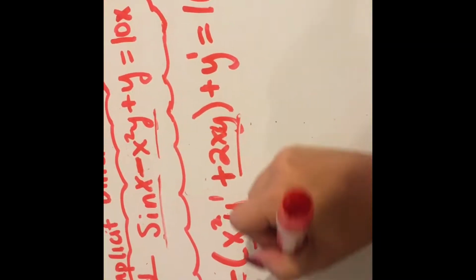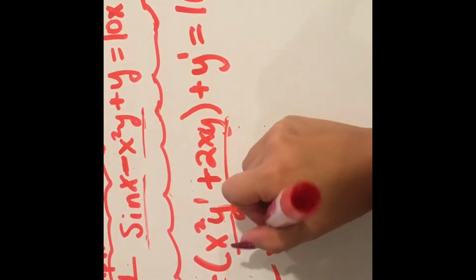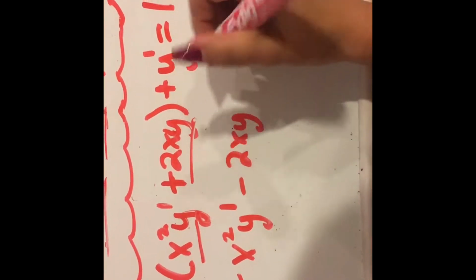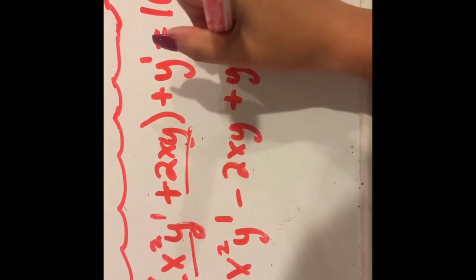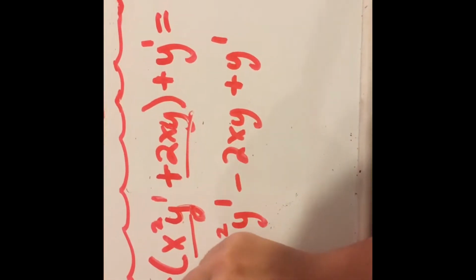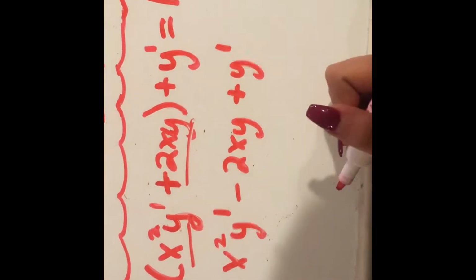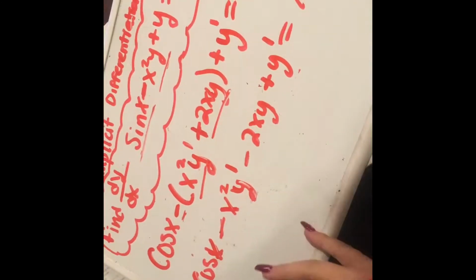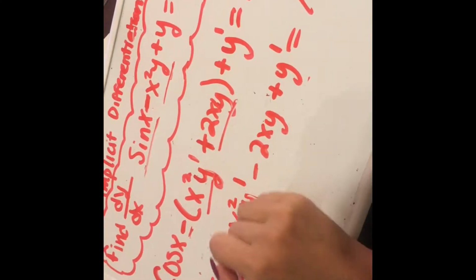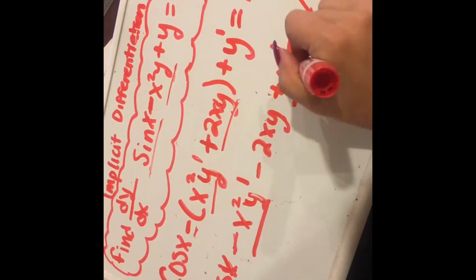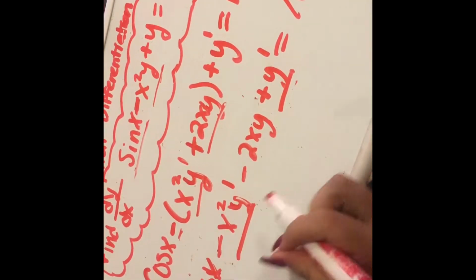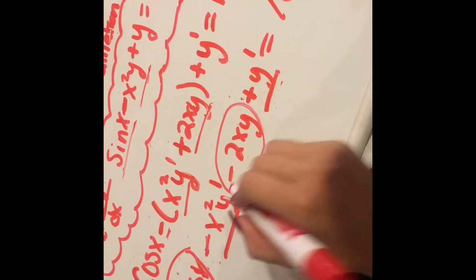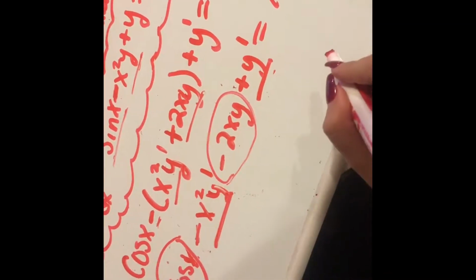So you get negative x squared y prime minus 2xy, and then plus y prime, and the cosine x is still here. Okay, the next step is to get y prime on one side. So this one and this one can stay on this side, but the cosine x and the negative 2xy have to go to the other side.